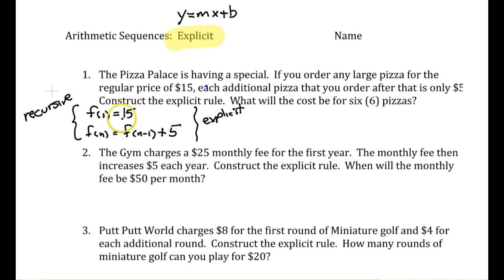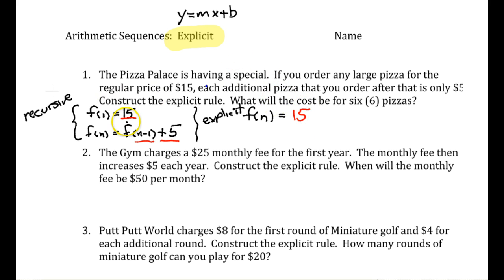So there are some key numbers here: 15, n minus 1, and 5. And I'm going to show you how to rearrange these to make an explicit formula. So for the explicit formula, f of n equals 15.